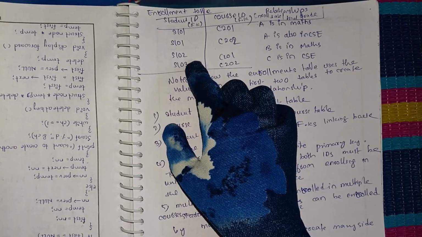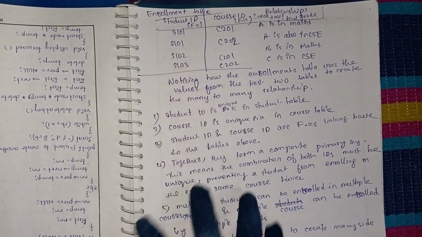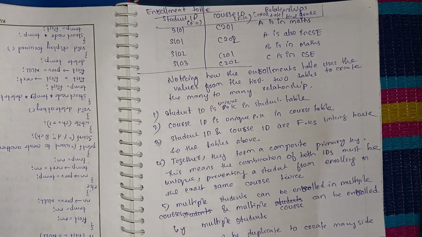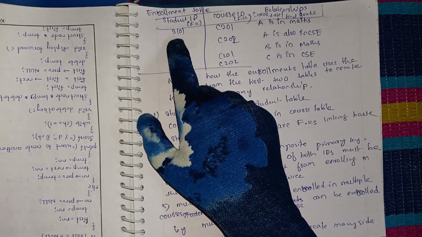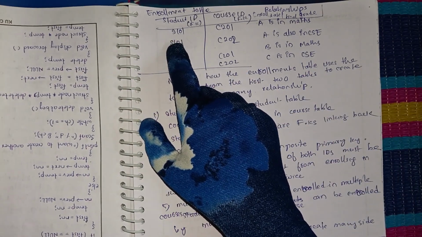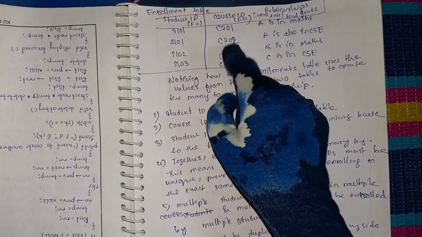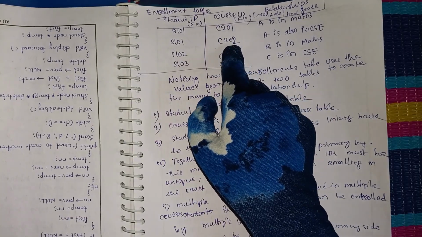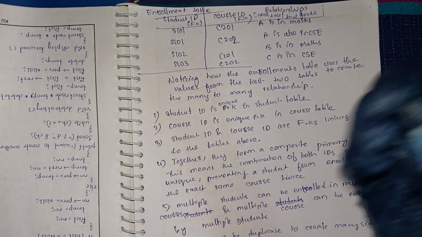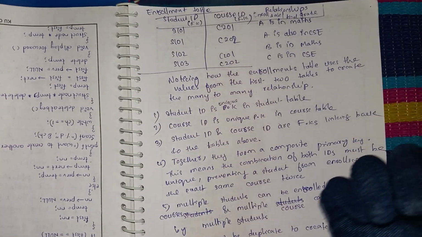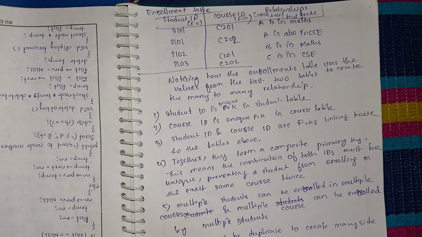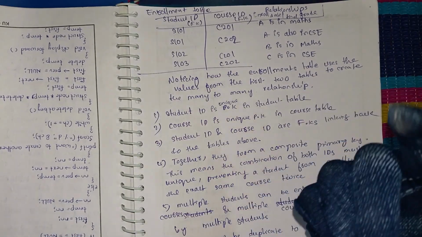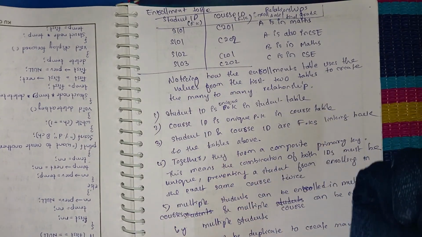Here is how it forms a one-to-many relationship: this particular student is enrolled in multiple courses, C201 and C202. So between the student table and the enrollment table, a one-to-many relationship is established.